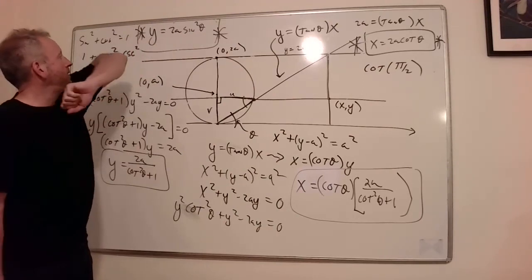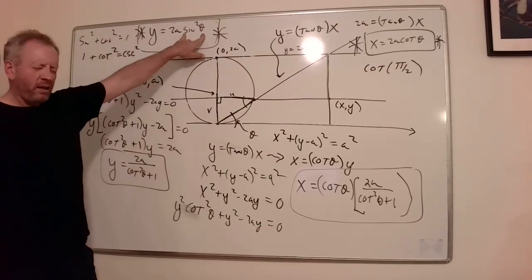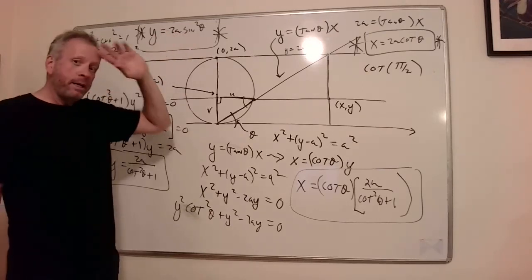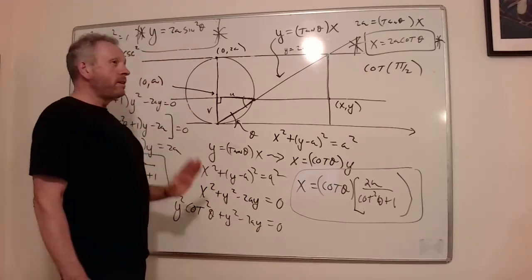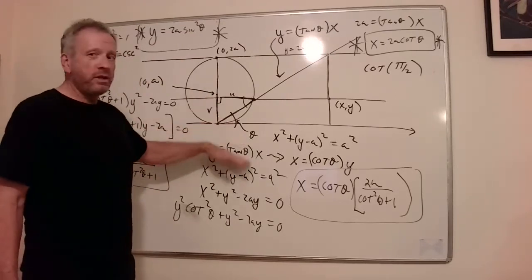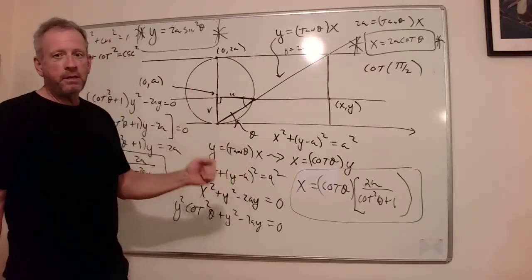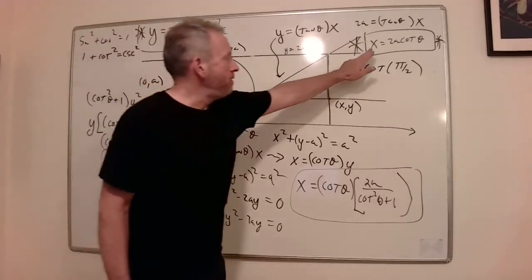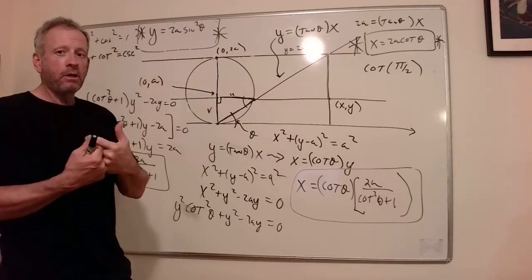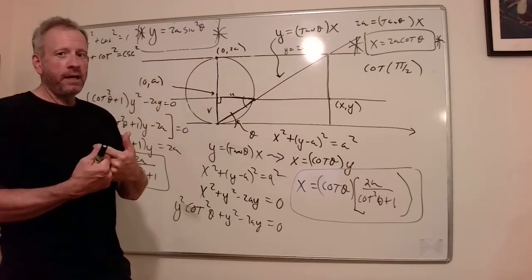If we put pi over 2 in here, what's sine of pi over 2? 1. What's 1 squared? 1. 2a. Y is 2a. So again, we get this. That doesn't prove this is correct. What actually proves it is this derivation, assuming I didn't make any mistakes. So this and this together are the parametric equations for the witch of Agnesi.